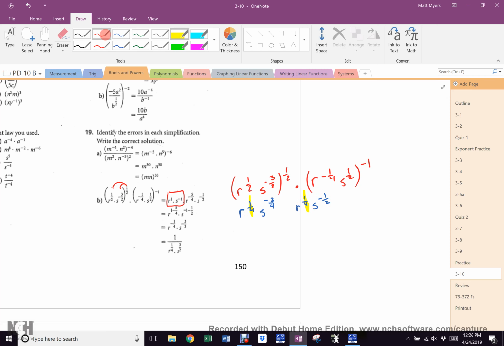Add them to get r to the 1/2. And what should I do with that and that? Add them to get s to the negative 3 minus 2/4, which is negative 5/4.